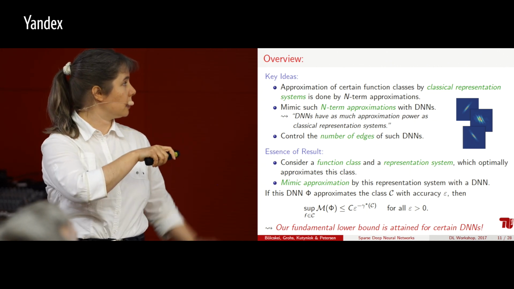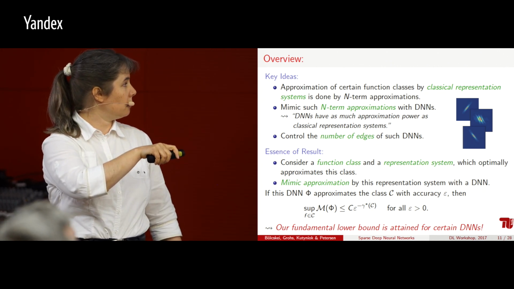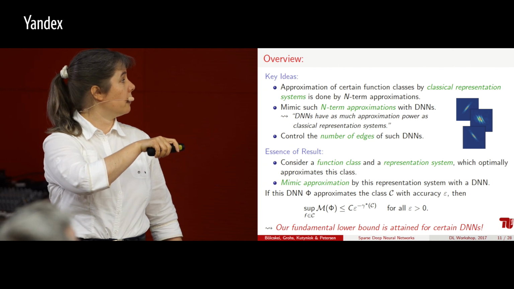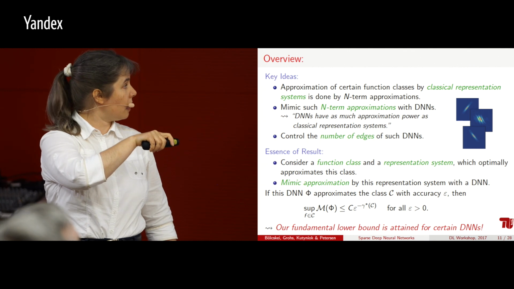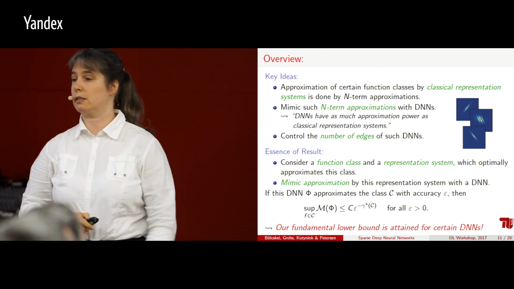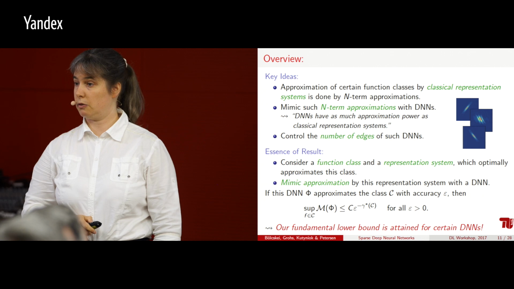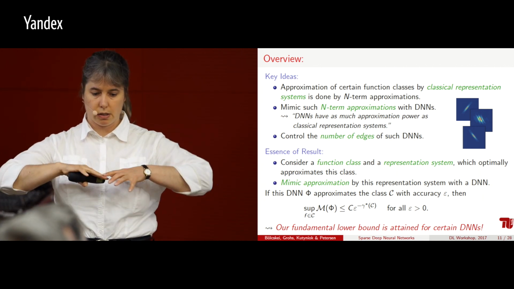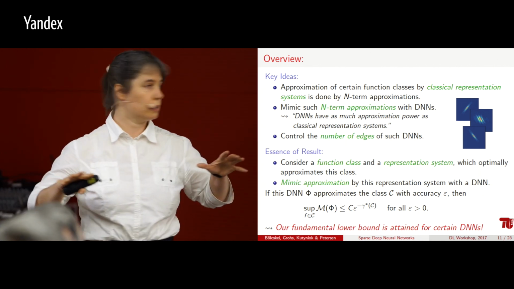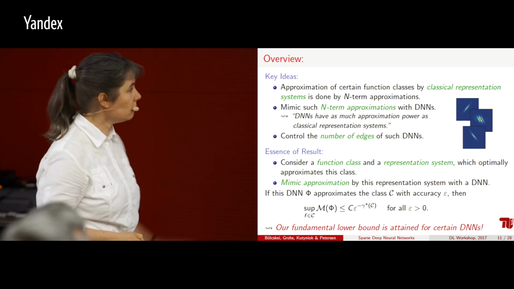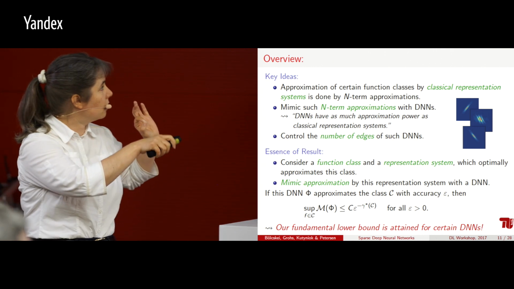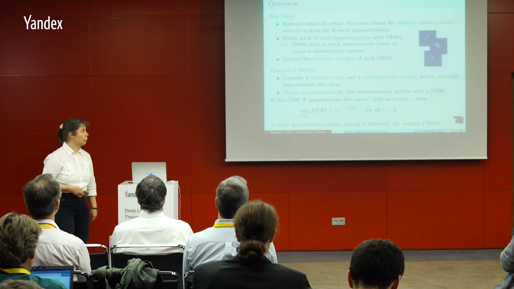And if this neural network does what it should, that it approximates this class with that accuracy, then we can show that the number of edges is indeed now bounded by epsilon to the minus gamma star of C. And we saw before, this is the optimum. It cannot go below that. Okay, so that's now the goal. So let's just very briefly recall what I said here, this n-term approximation.